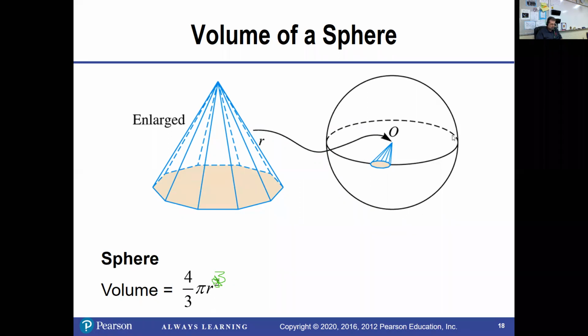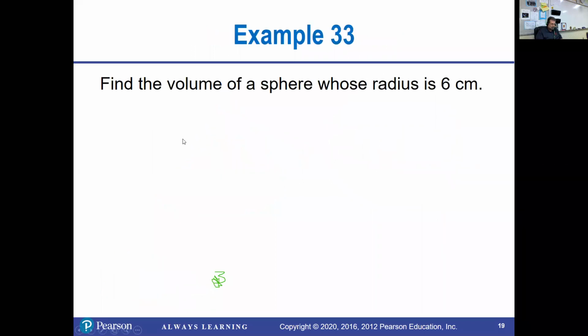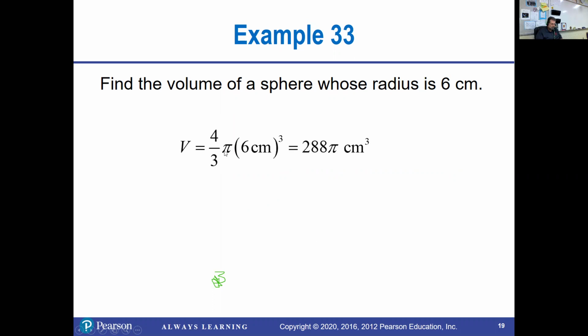So when I figure this out, basically what I would do is 4/3 pi 6 cubed, and you get 288 pi. You can do it one other way if you wanted to. You can do 4 pi 6 cubed all over 3.